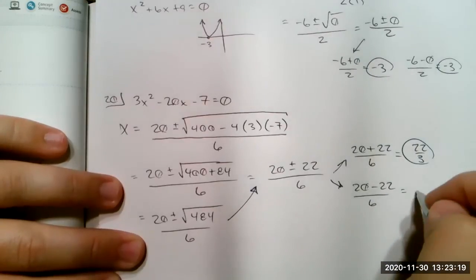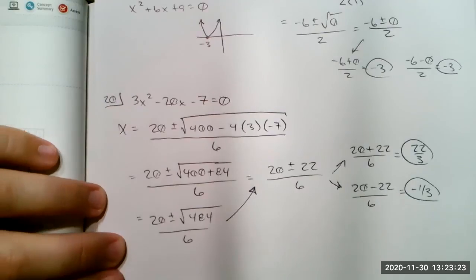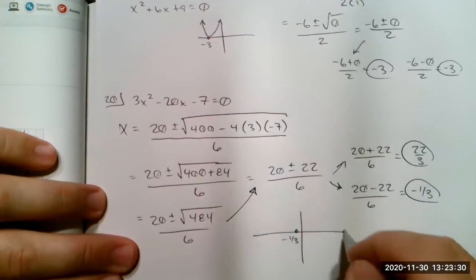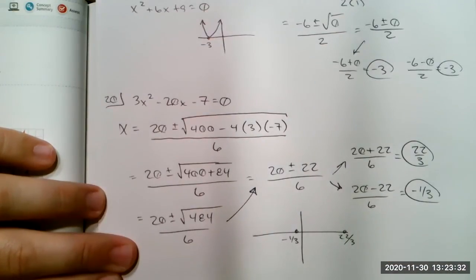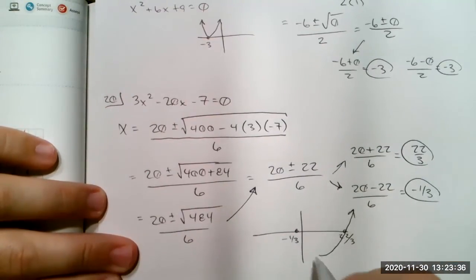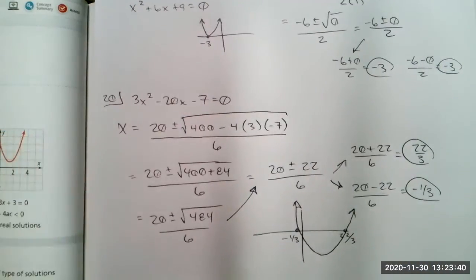That's negative 2/6, so negative 1/3. So there are my x-intercepts. Negative 1/3, 22 thirds. This is a positive parabola, so it would look something like that. Super rough sketch, but just kind of to get the point across.